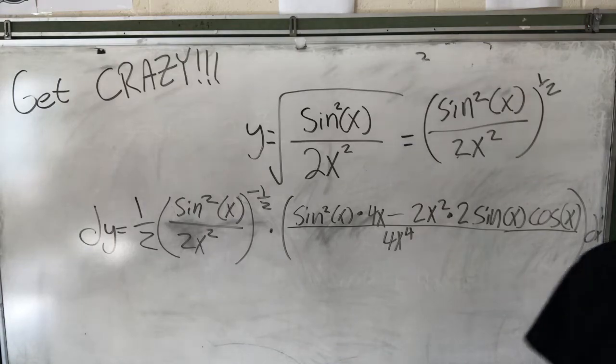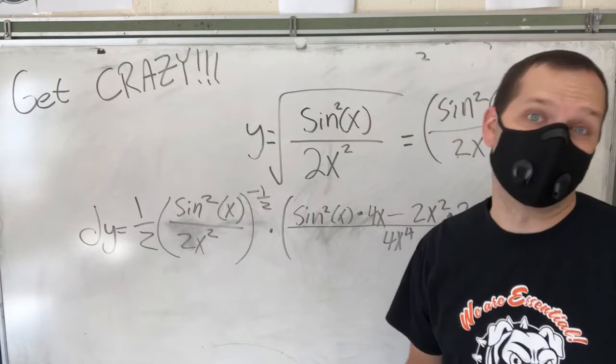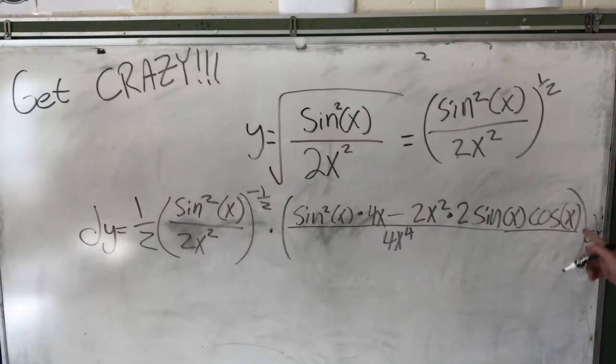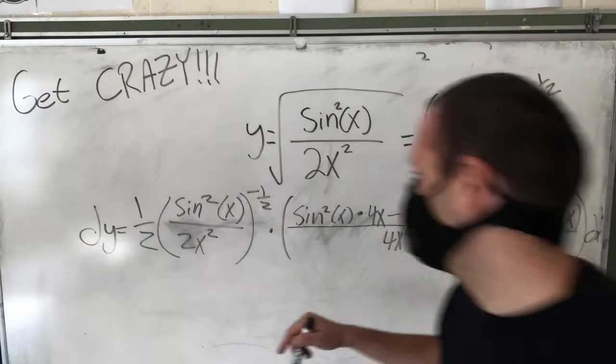Or I could just write it as 2x squared squared. 2x squared times 2x squared is 4x to the 4th. Anyway, if I wanted to go through and simplify this, make it look just a little bit nicer, I could.